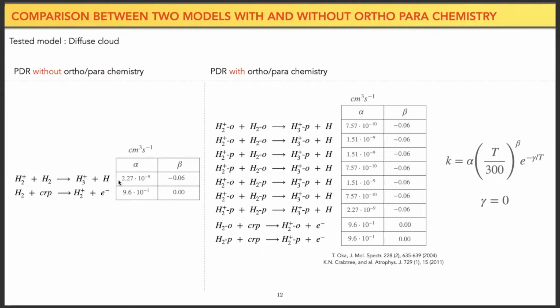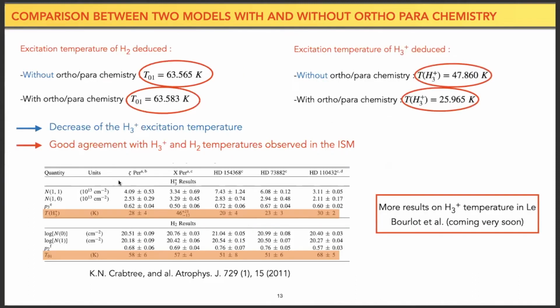The reaction rate is calculated by a modified Arrhenius law. For these 7 equations, the selection rules are given in the Oka article, and the prescription for the cosmic ray ionization of H2 is that H2 ortho can only form H2+ ortho, and H2 para can only form H2+ para. And these are the results we found.